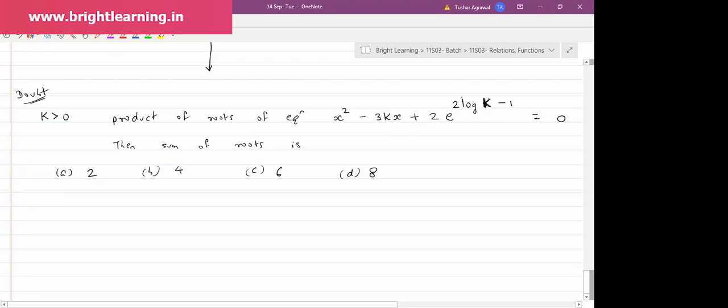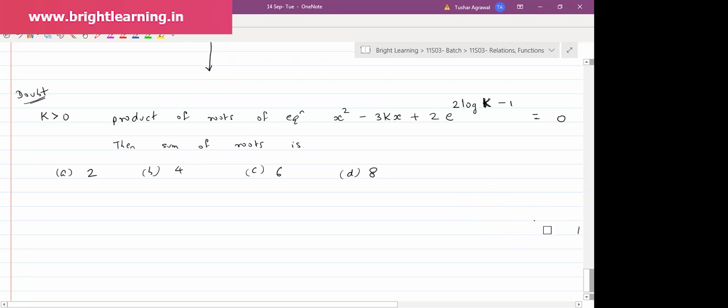So first of all, why did I ask this question whether it is log of k minus 1 in bracket or log k minus 1? That creates a difference. I hope you understand that. Yes or no? Yes, sir. Log of k minus 1 will be different than log k. These are different things.